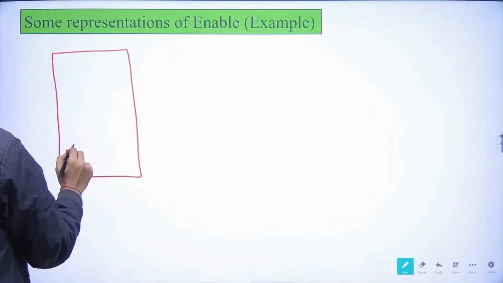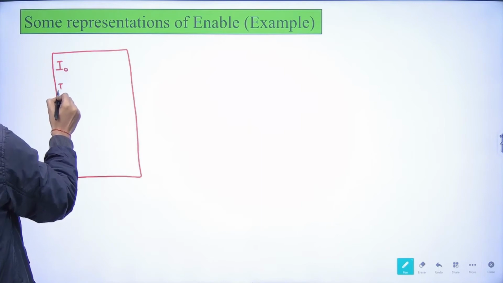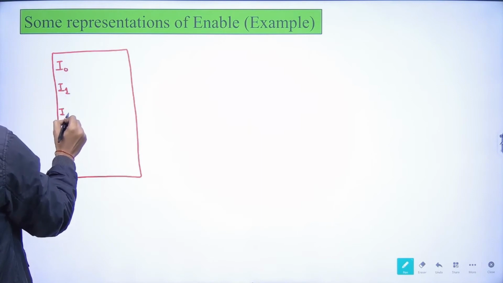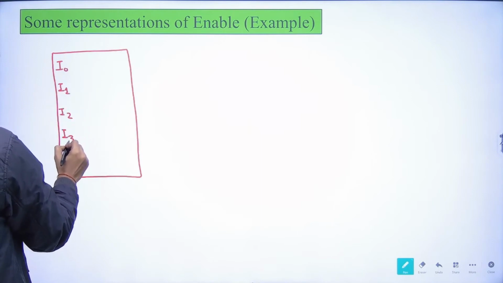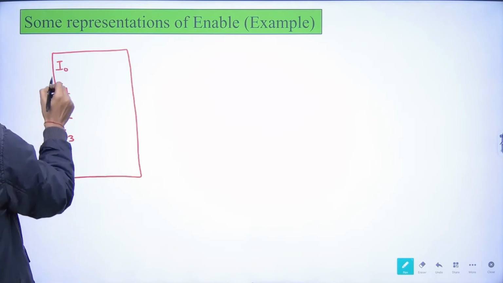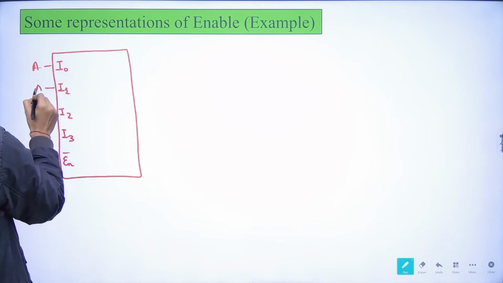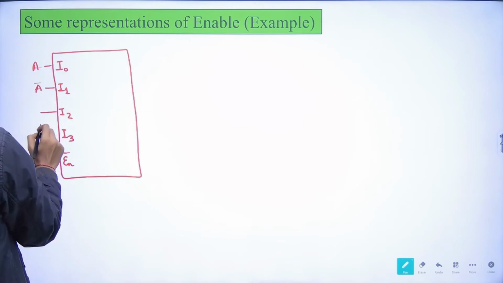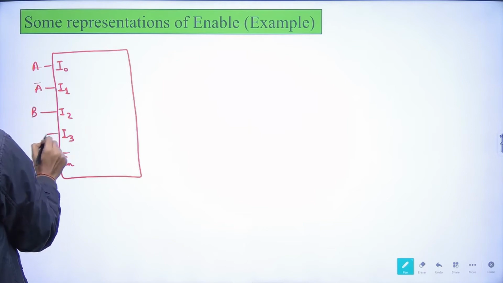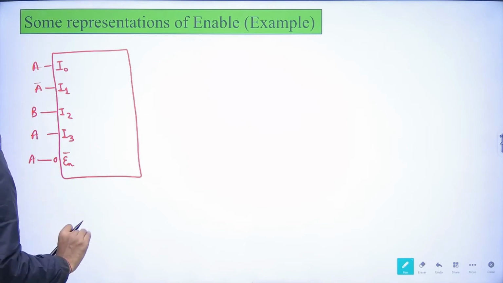Suppose this is the multiplexer, with inputs I0, I1, I2, I3, and enable. Here it is A, here it is A bar. Now here it is B, here it is A, and this is written in this format.